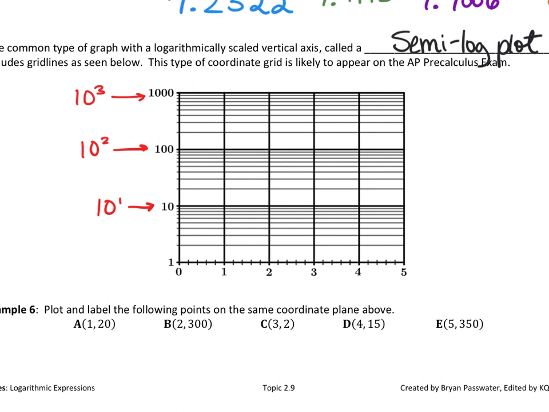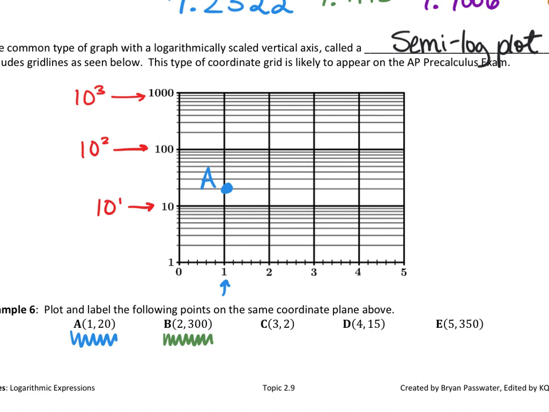Meaning, if I were to plot the point 1, 20, here's 1, here's 10, so 20 is right here, because it's 1 more than 10. So that right there is A. If I were to plot 2, 300, I need to be above the 100 by how many lines?